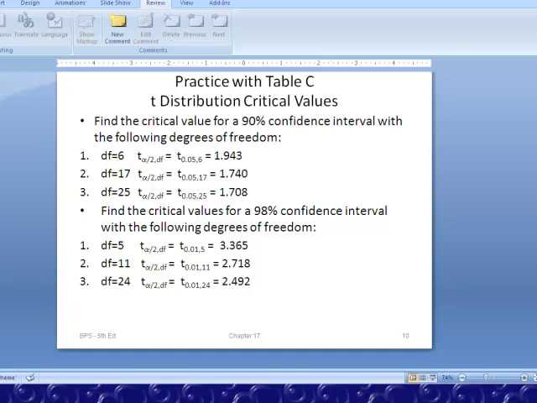So t 0.05, comma 6 means I have a 90% confidence level with 6 degrees of freedom. I look on my chart for the 90% confidence interval, and I go down to the degrees of freedom to get that 1.9473. So please take a look at these answers and make sure that you too can replicate what I did. Don't worry about the subscripts to the t, the critical value. That's not as important as you just getting the answers.